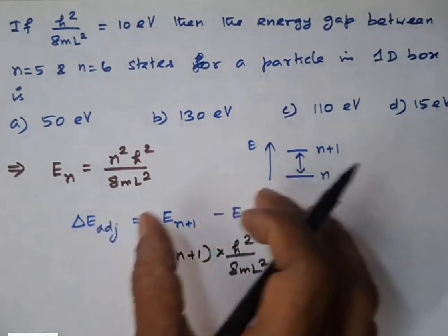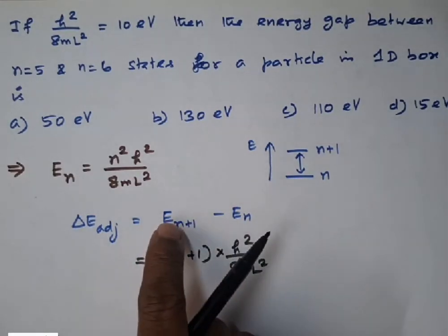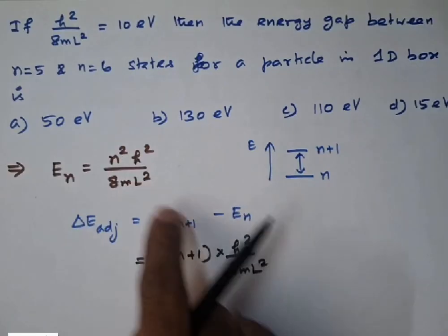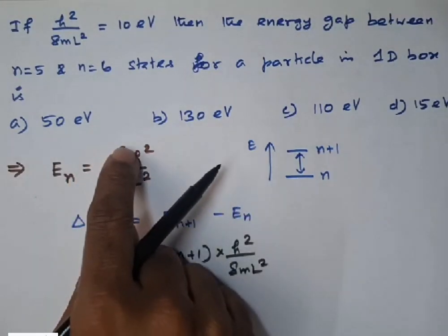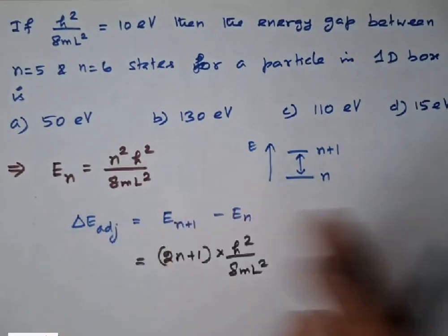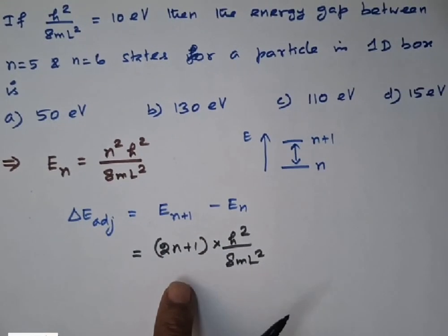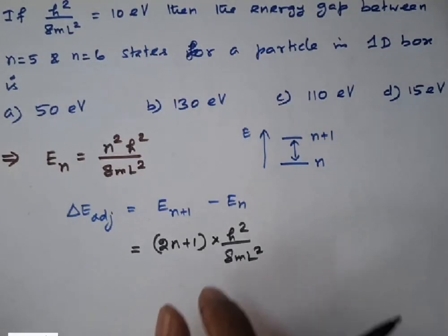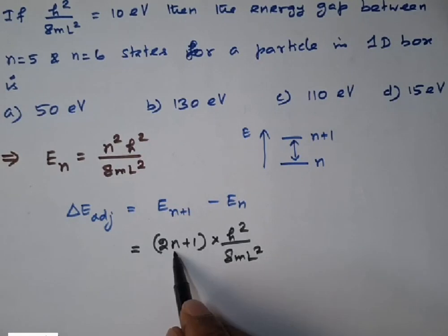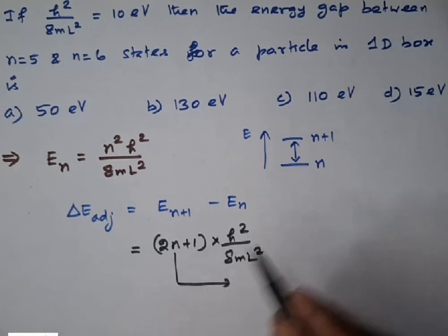It's a very simple simplification. Just use this formula, in the place of n put n plus 1 square, write the formula as such, take the common term, then simplify it, and you will get this. So this formula will give you the energy gap between adjacent levels, and here n is nothing but the quantum number of the lower state.